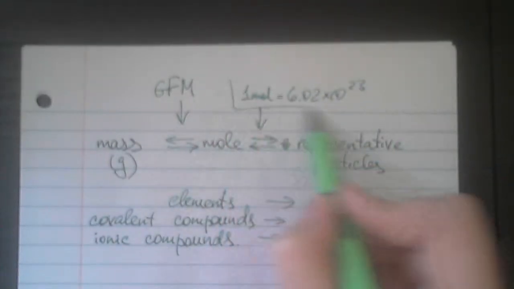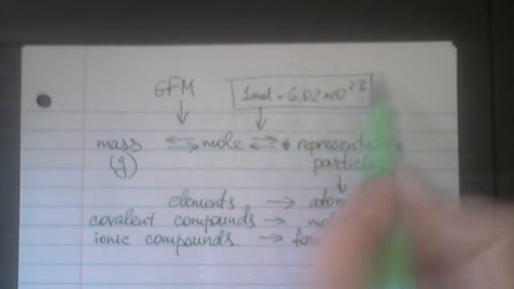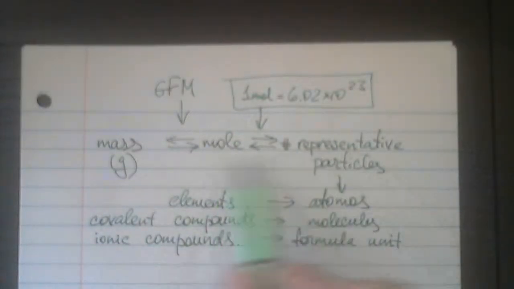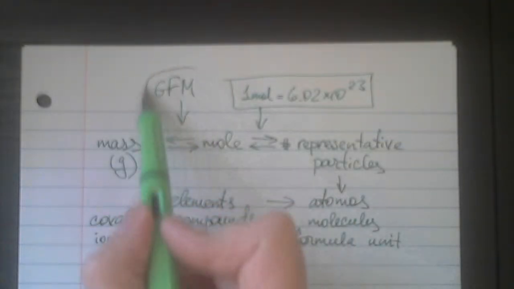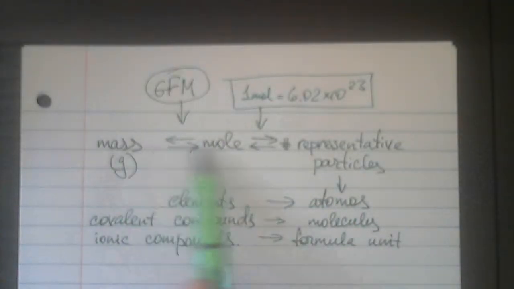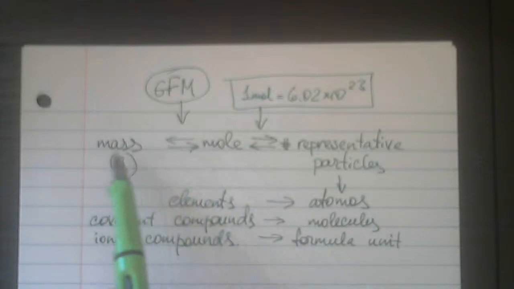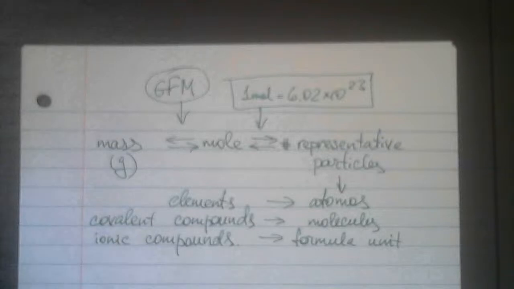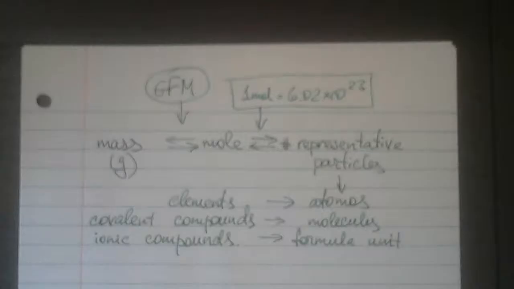This is our conversion factor for mole to representative particles conversion, and gram formula mass of compounds or elements will be our conversion factor for mass and mole. Let's do one more compound and then move on to mole conversions.